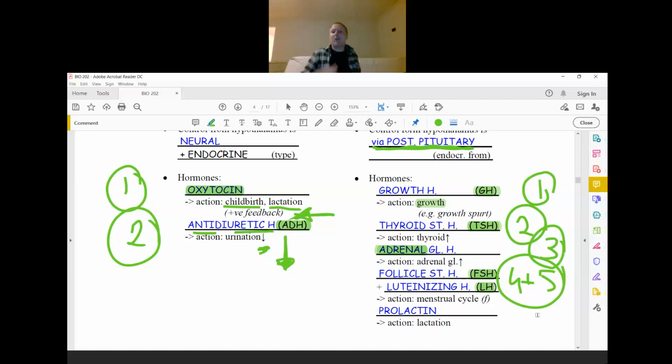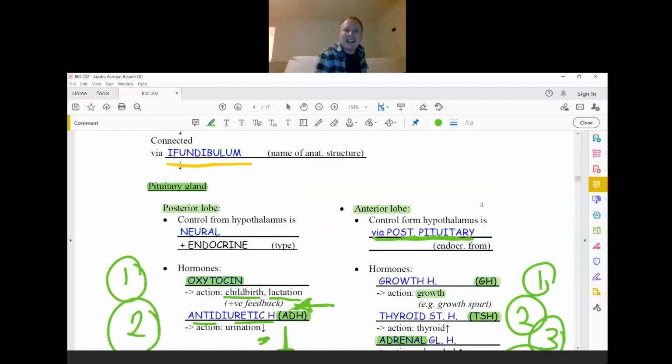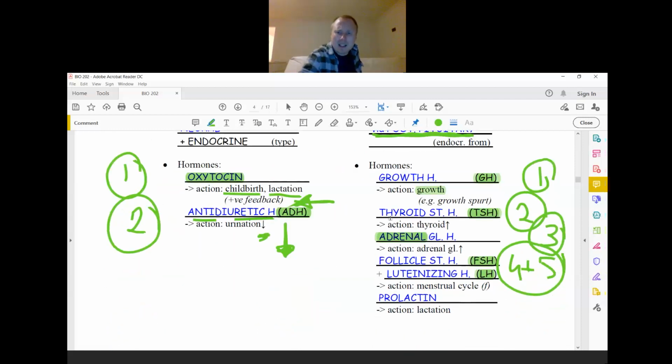So again, I simply want you to have an idea that there are those two hormones, follicle stimulating hormone and luteinizing hormone, and they play a role in the regulation of the menstrual cycle in females. That's all you need to know. You can then fill in the gaps once we get to that actual chapter. But that's the reason why we're covering them already at this point, so you know that they come from the anterior lobe of the pituitary.